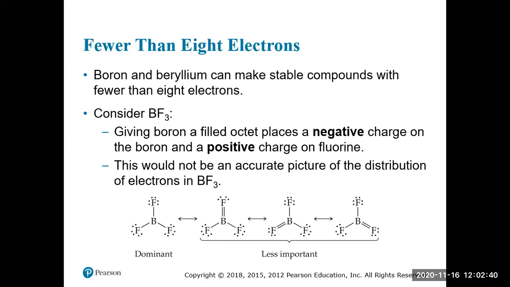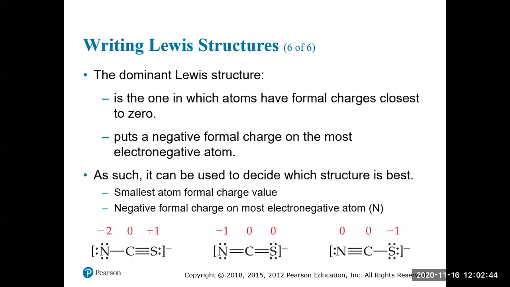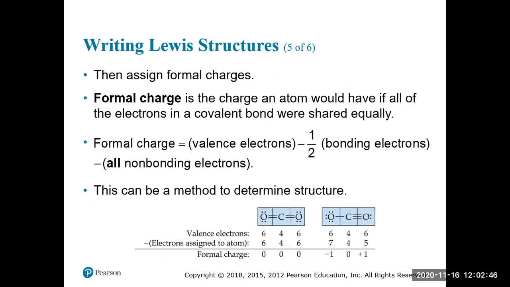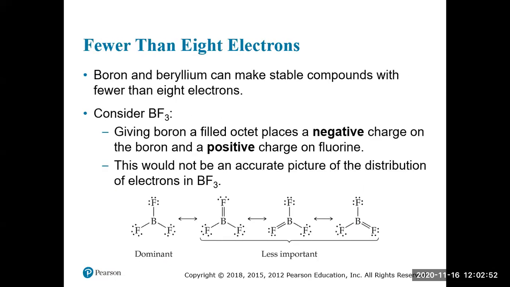So if we go back and look at what we talked about here of looking at formal charge, we see that, well, positive for fluorine, negative for boron. It solves one problem in terms of getting the octet rule satisfied, but that's not really what happens.